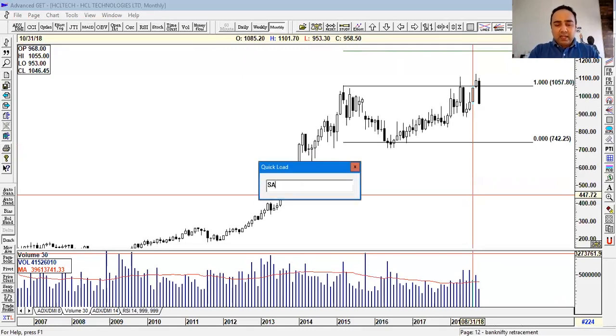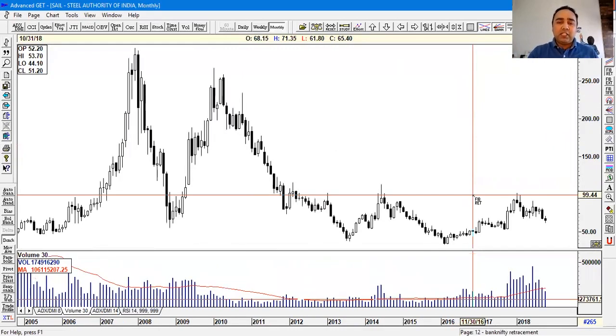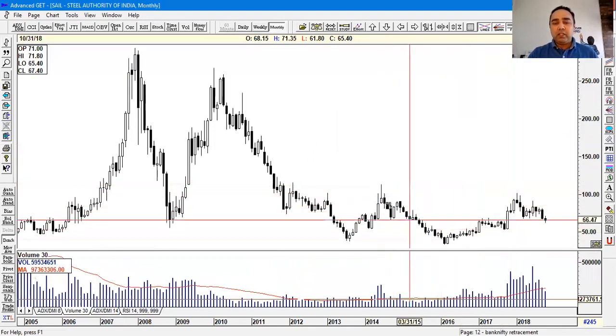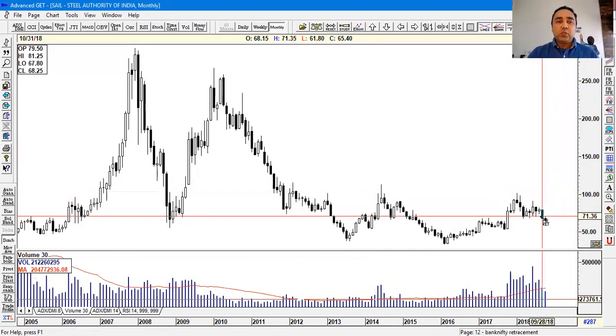So let's see how you can find this pattern. Like you see, there's one cup here, but it's still in the process. What you can do is, it will take one full day to go through 2,500 stocks on NSE and check whether the cup is there, either in the process, already broken out, or about to break out of the 6 months.